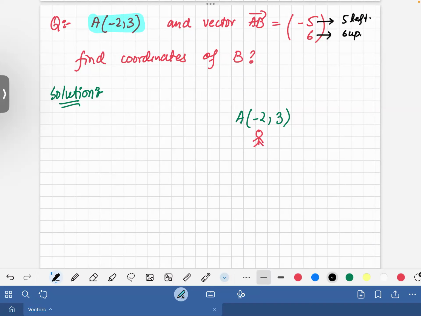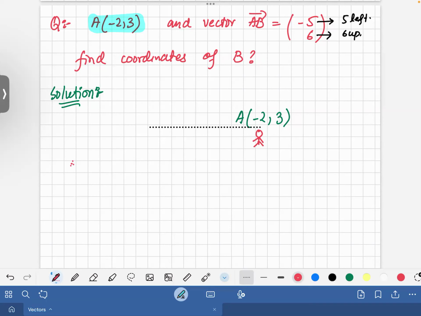Yes. So if I take 5 left from -2, it would be -7. Do you agree with me or not? Yes, sir.